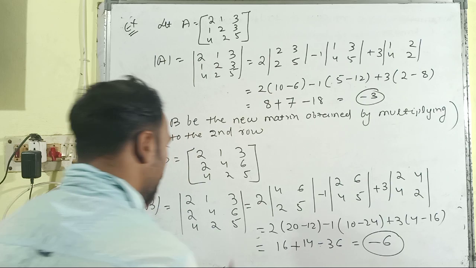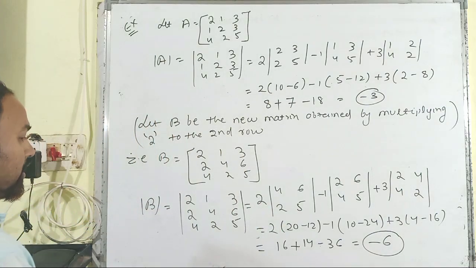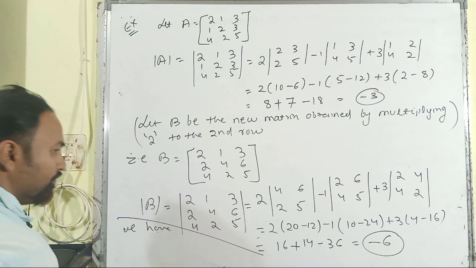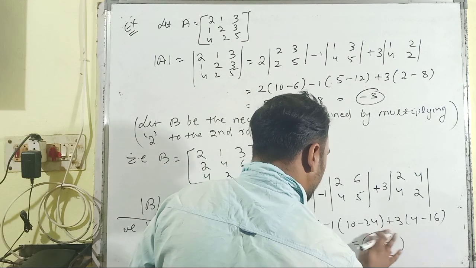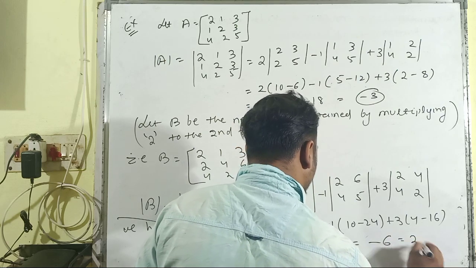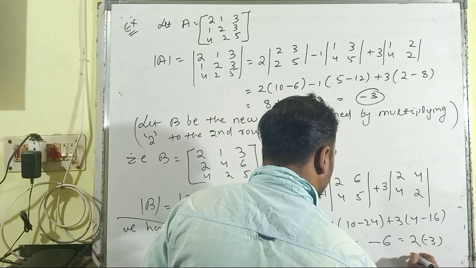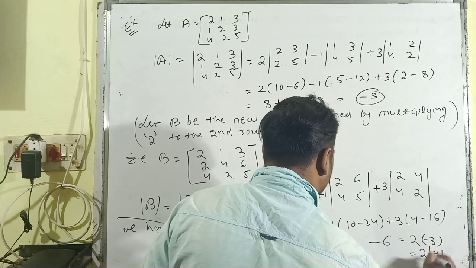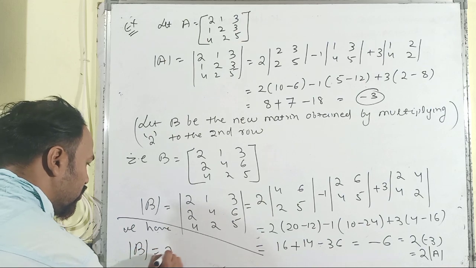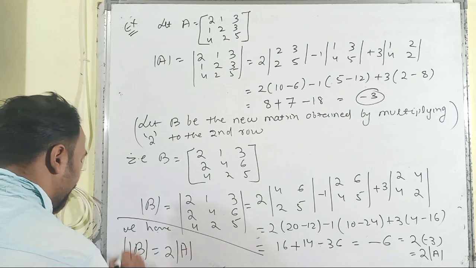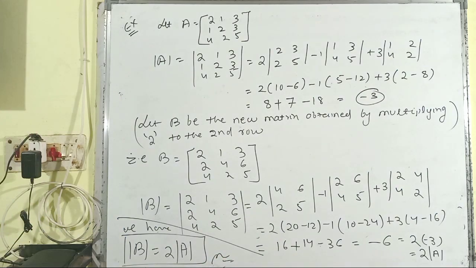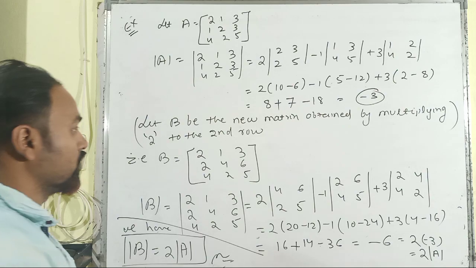And you can see that from the values of the two determinants, in place of minus 6 you can also write 2 multiplied with minus 3, that means 2 multiplied with the determinant of A. So we have determinant of B is equal to 2 determinant of A, and here it is proved. So it is all about this property and the problem based upon that property. Then let us move to the next property.